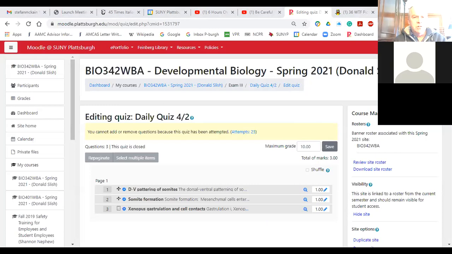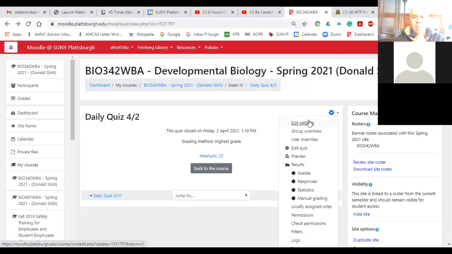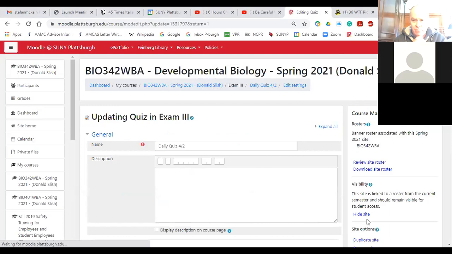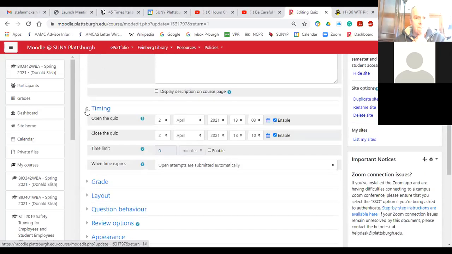I'm not sure if it's closed. Says it should be closed at 10 after. It's now 11 after.